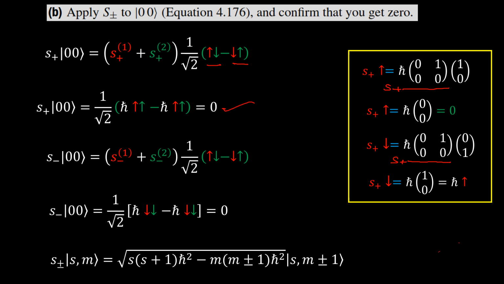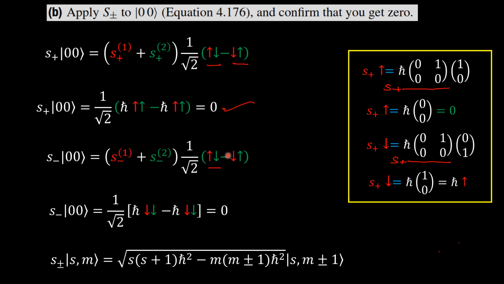Then what about when the lowering operator acts on this? When the lowering operator acts on this, let us say it acts first on the first pair. So here this spin up will become spin down with multiplicative factor H cross. So when this acts on green color, it will go to 0. So don't worry.